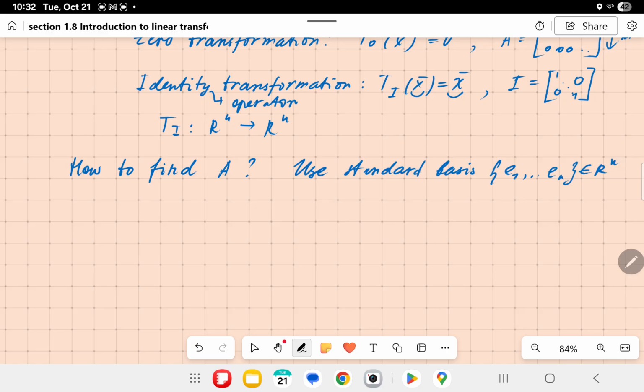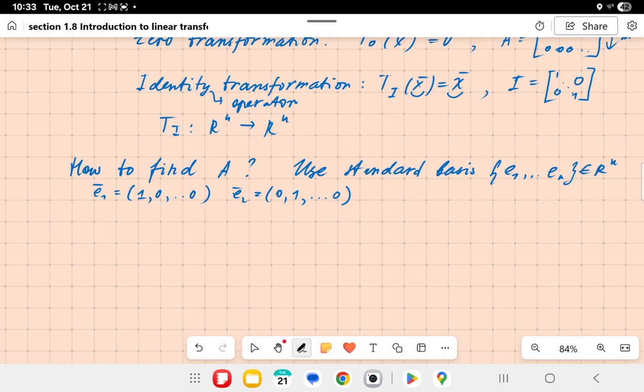The standard basis consists of the following vectors. Let me remind you, probably you don't remember, that vector e1 has coordinates 1 and lots of zeros, vector e2 has coordinates 0, 1, all zeros, and so on. We are going to use this standard basis to find the matrix of the transformation.